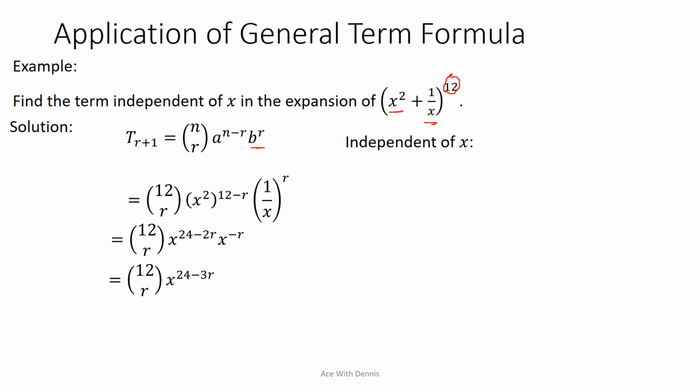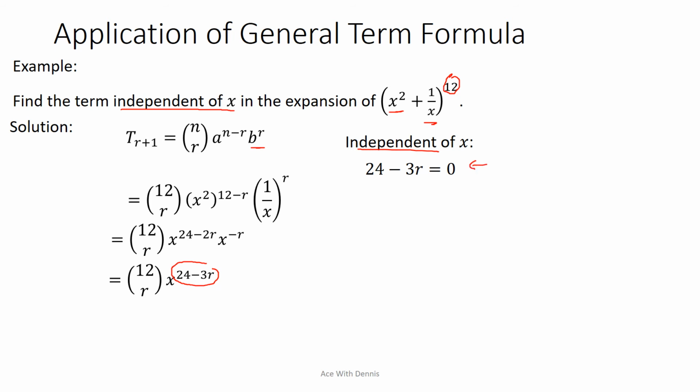From here, the question wants us to find the term independent of x. So what does independent of x mean? It just means that the power of x is 0. Since it is independent of x, therefore 24 minus 3r will be equal to 0.